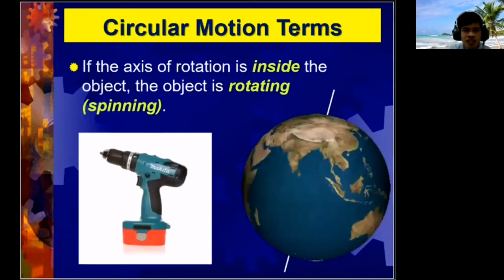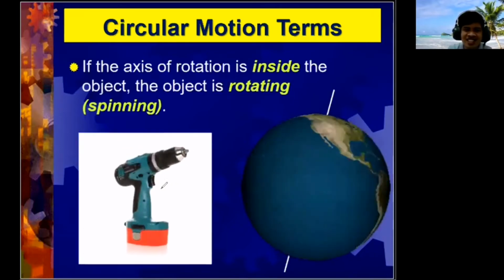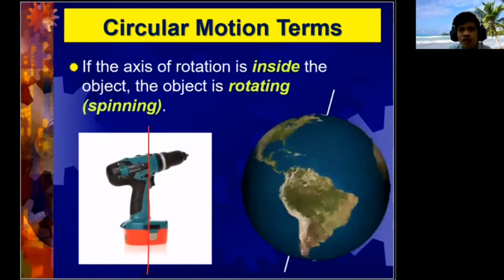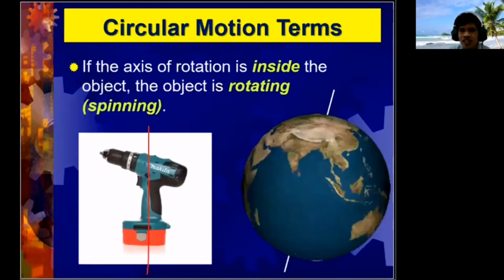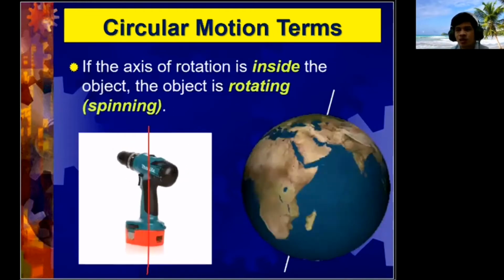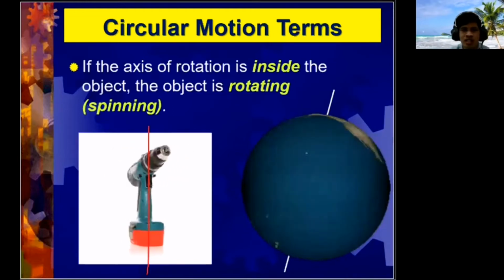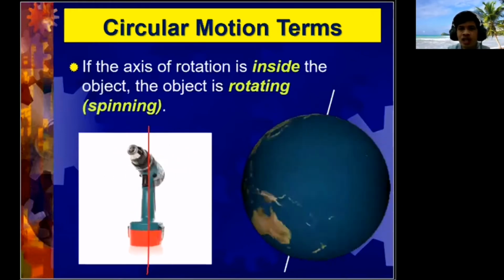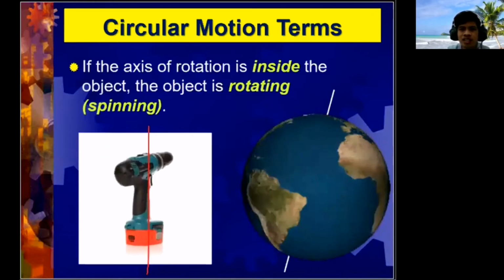Number 2 here is also rotating. If we have an invisible line here, we can say that this device is also rotating on its own axis. So that's the second term, rotating, because we need to identify this one.